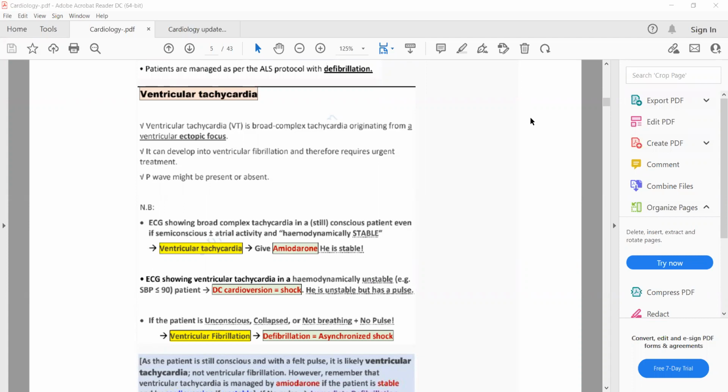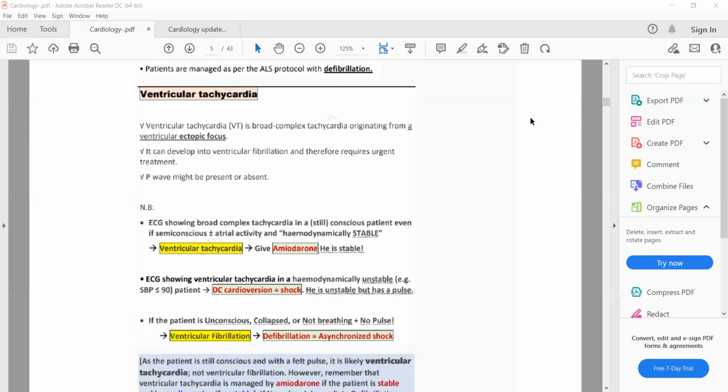And if the ECG is showing ventricular tachycardia and the patient is hemodynamically unstable, what does hemodynamically unstable mean? It means the patient's systolic blood pressure is less than 90 and he is having ventricular tachycardia.